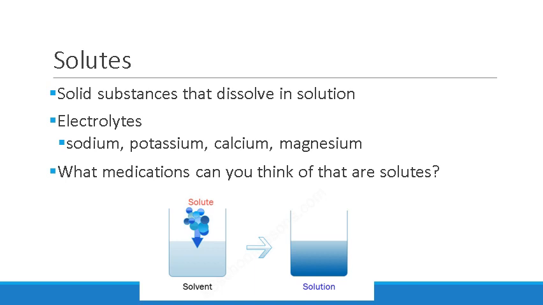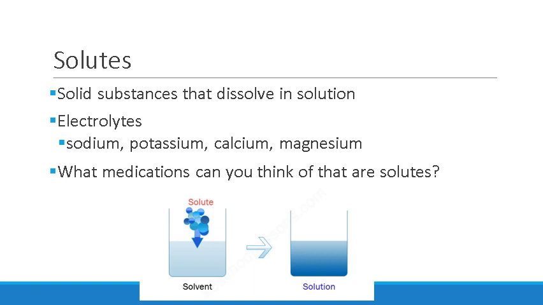We're going to start out by talking about solutes. Solutes are solid substances that dissolve in a solution. A few examples that I can give you just to help bring this to simple terms would be for those of you that have had children or have ever had to mix up a bottle for a baby that has formula.